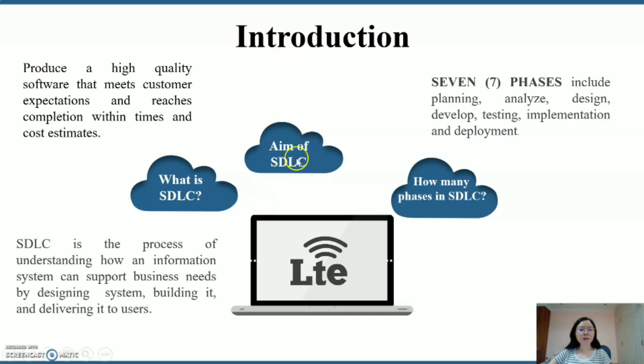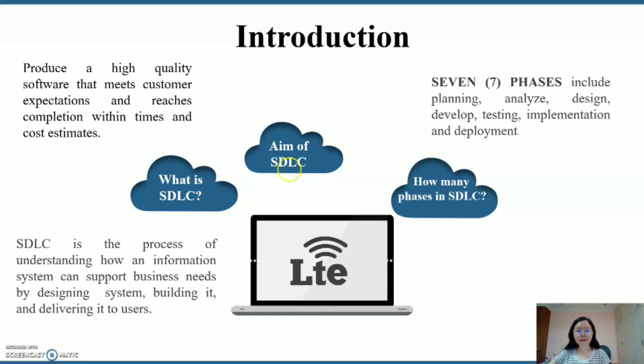So what is the real aim of the SDLC? The aim of the SDLC is to produce high quality software or application that can meet the customer expectation or needs, and to complete the system within the time frame set and with the budgeted cost.